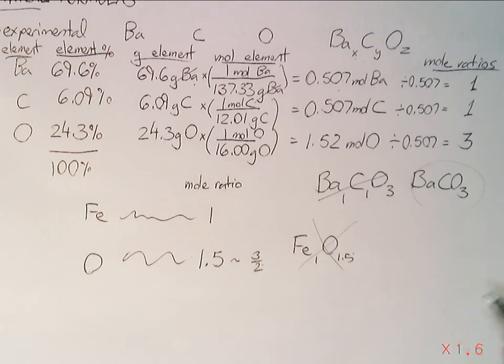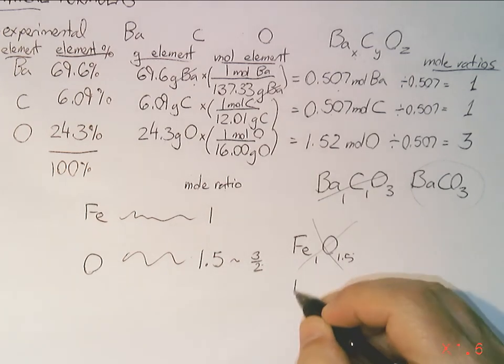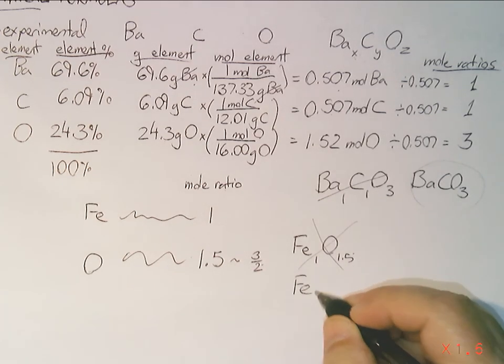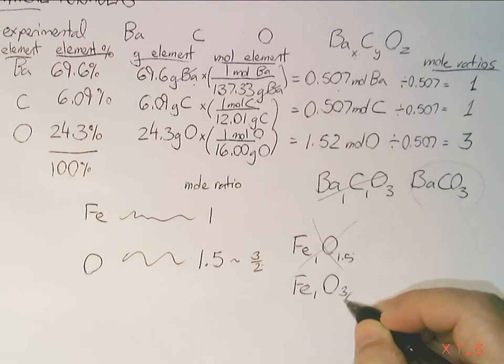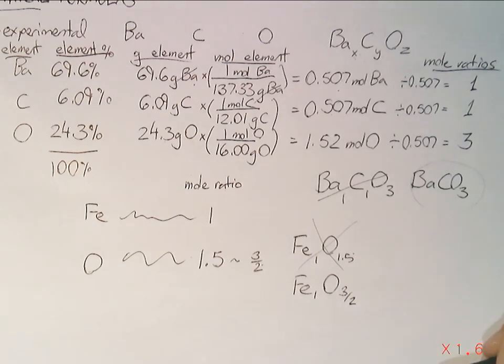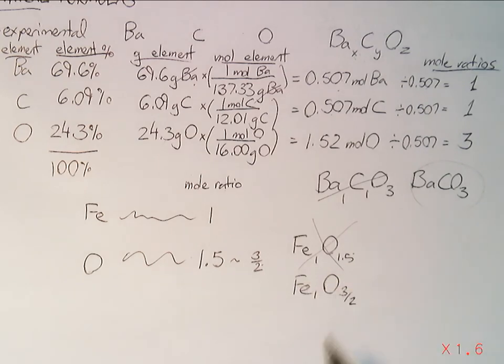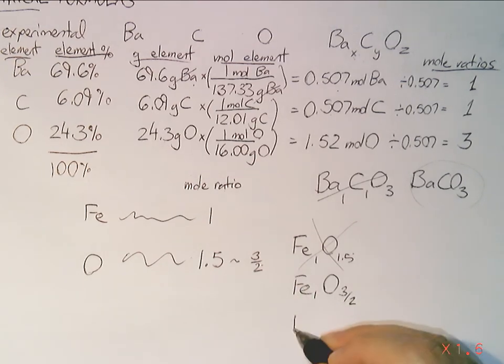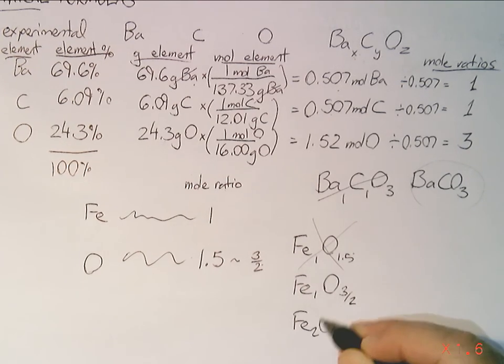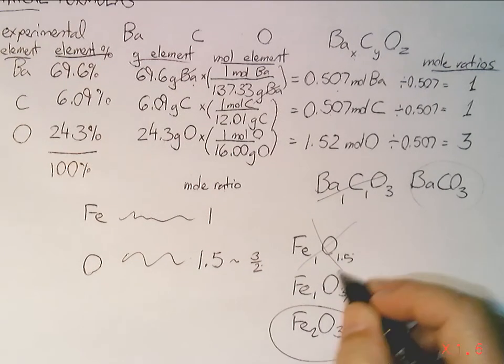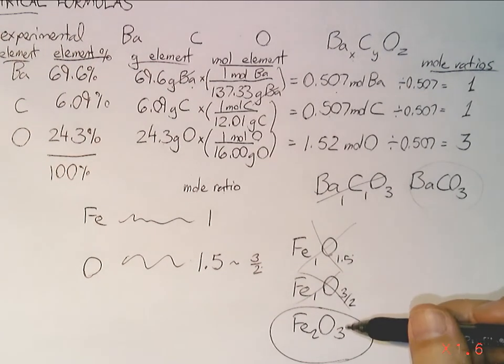Now I said this was about 3/2. Can I write this? Well, that's a ratio of integers, but that's not quite what I want. I want just plain integers here. Now what you can do, once you recognize what fraction this 1.5 is, recognize that there's a 2 in the bottom. And if you multiply the whole thing through by 2, that'll give you the correct formula. This is the one that you want. That will be what it is.